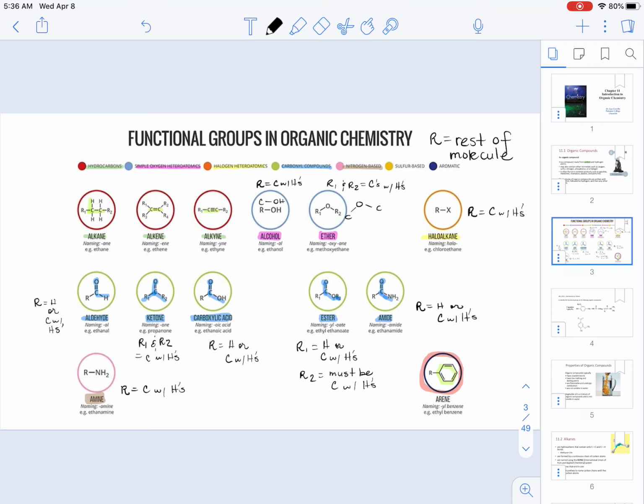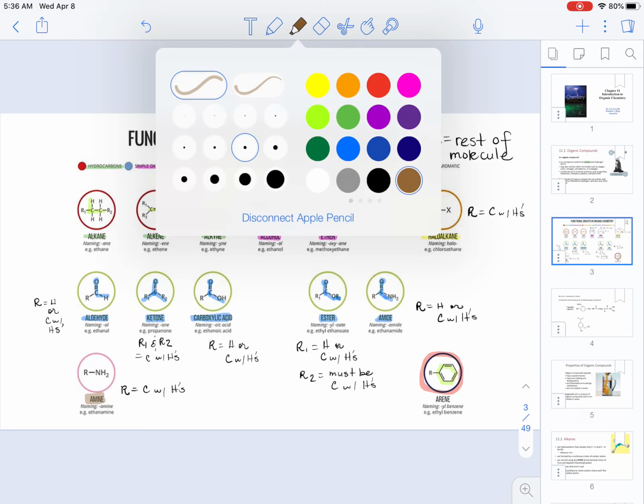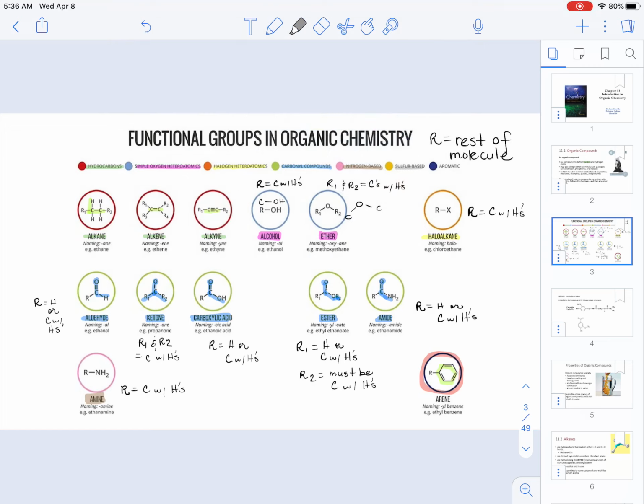One of the functional groups that you don't see here but is part of the system, when it comes to the sulfur-based compounds, if we have an R group that is bonded to SH, that is called a thiol group.